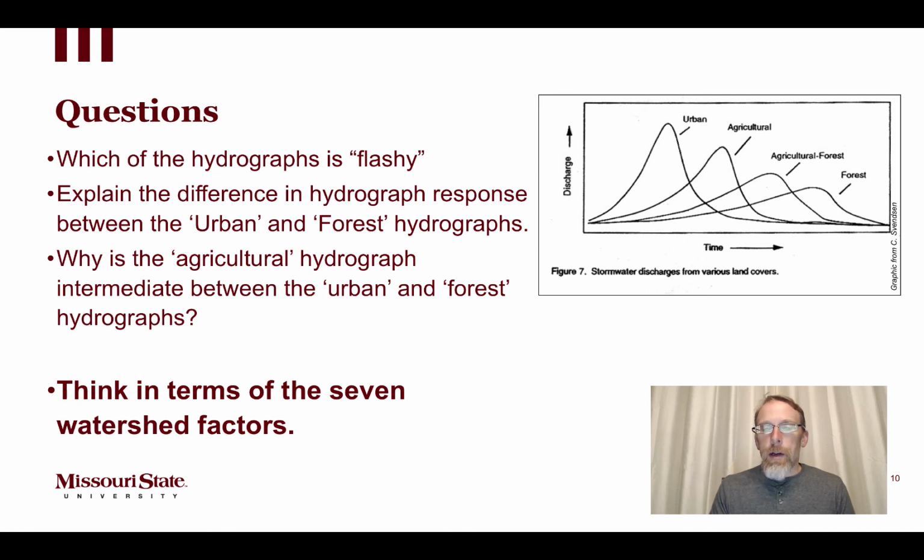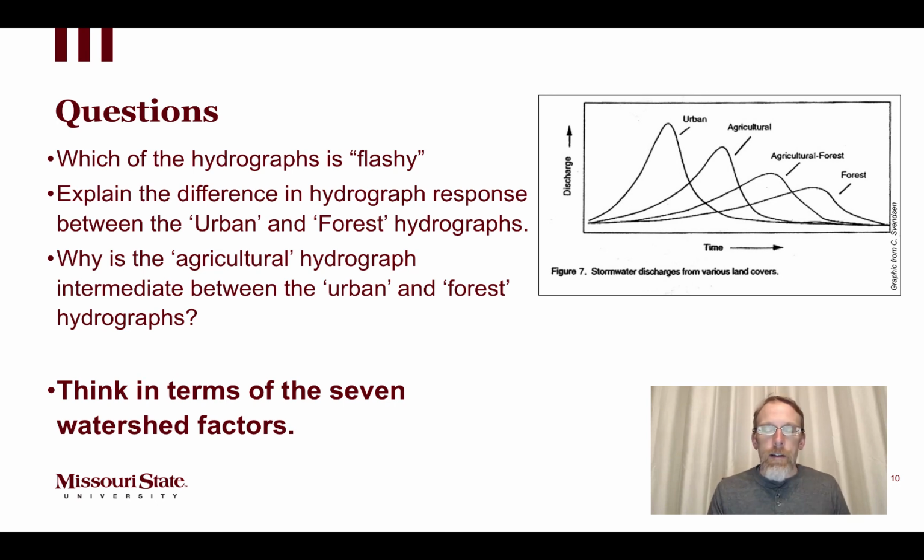So I gave a quick explanation for why urban areas are flashy, why agricultural areas are more flashy than forest, why forest is less. And I did that in terms of some of the 7 watershed factors.